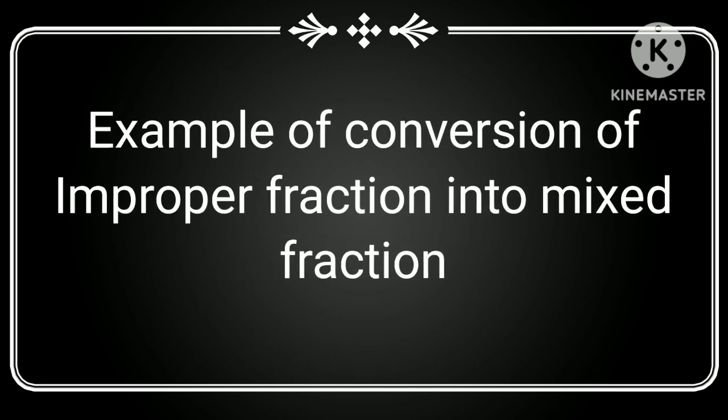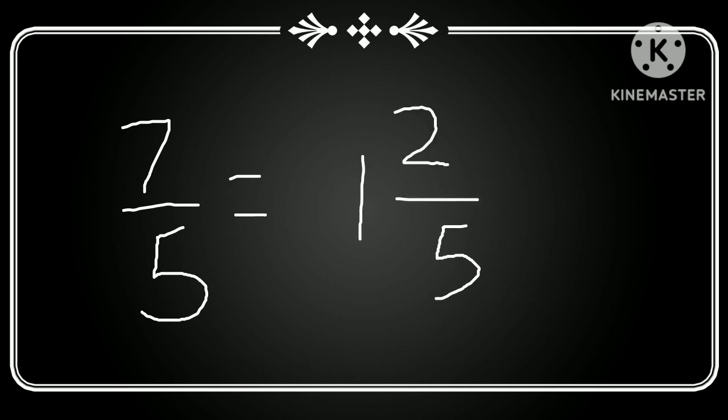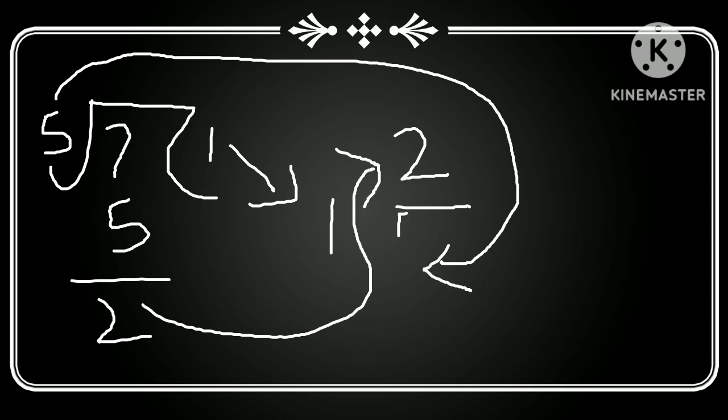Let's take one more example of conversion of an improper fraction into mixed fraction. 7 by 5, which is an improper fraction, can be converted into mixed fraction 1 ratio 2 upon 5. Let's see how. For this conversion, we divide 7 by 5 and we will get 1 as quotient and 2 as remainder.